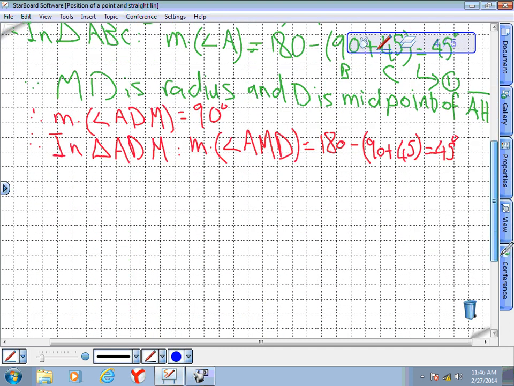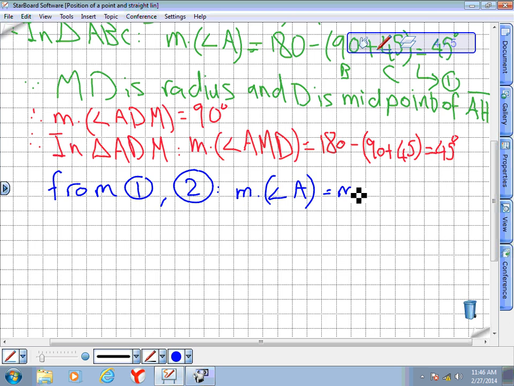We will write that now. Before that we write from 1 and 2, measure angle A equals measure angle AMD equals 45 degrees.